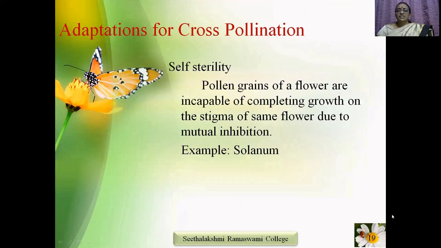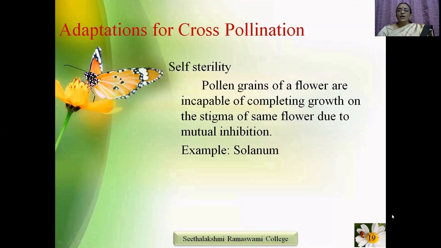The last adaptation for cross-pollination is self-sterility. As the term indicates, when the pollens are transferred to the stigma of the same flower, it becomes sterile. So this is a condition when a flower cannot be fertilized by the pollen of the same flower, or sometimes from a flower of the same strain of the plants.